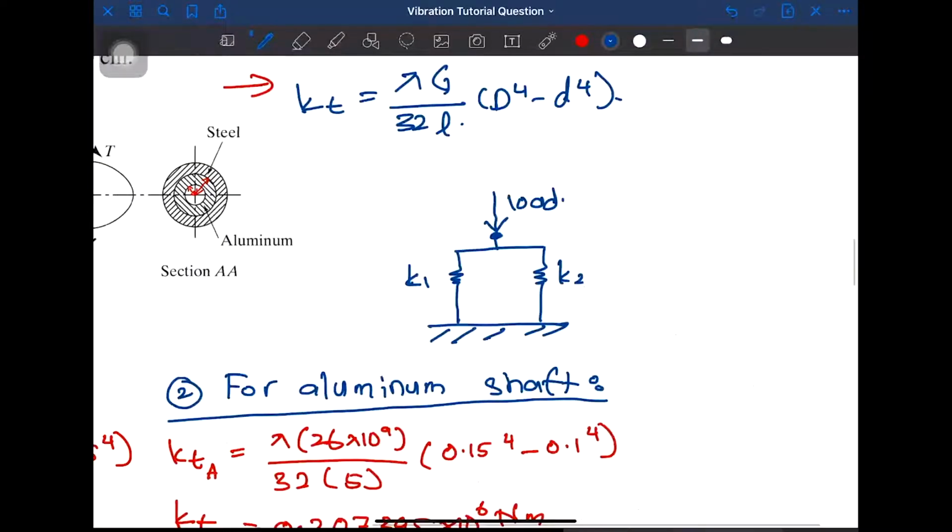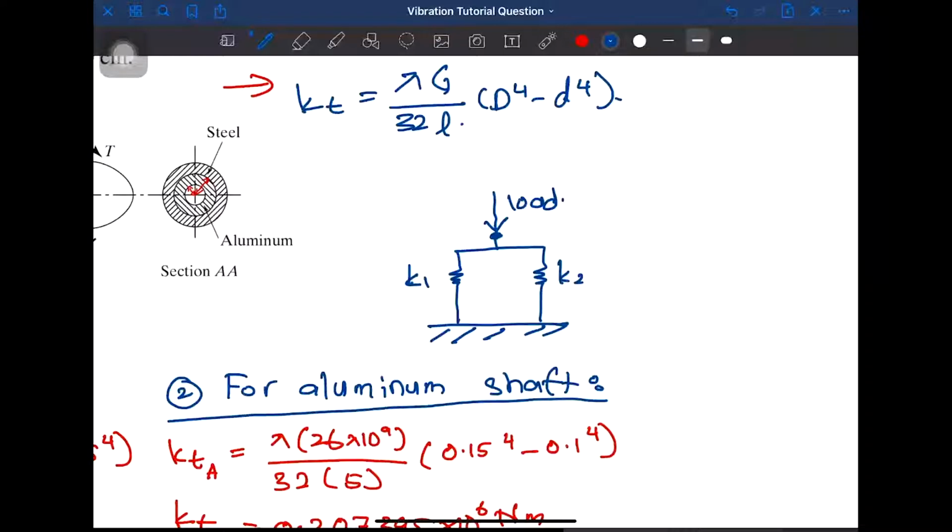When a load is applied on these two springs, they will have the same displacement because they are being pushed together at the same time, because they are attached to each other or on top of each other, like the question from the first tutorial question that we had.